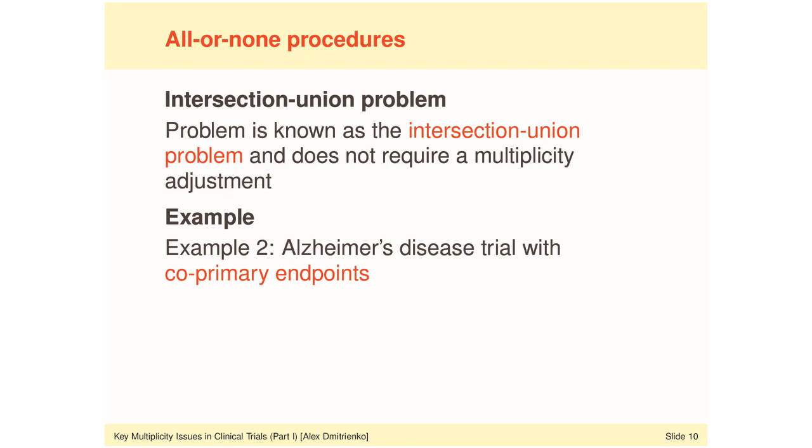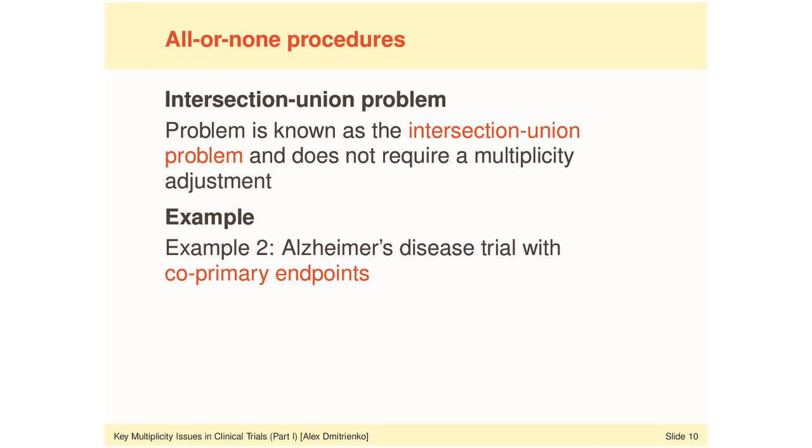In particular, the trial sponsor needs to reject the global null hypothesis of no drug effect in favor of an intersection of alternative hypotheses of a positive beneficial effect. Once again, the key word here is intersection, and that explains why this particular class of multiplicity problems is known formally as the class of intersection union problems.